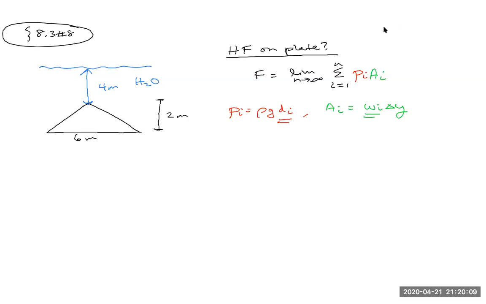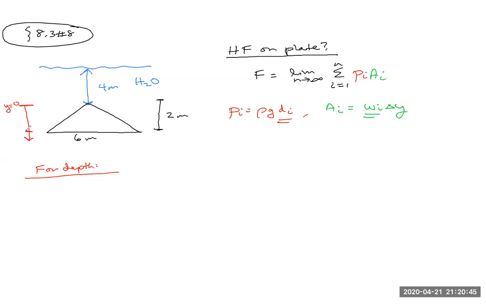Let's start with d_i. I'll just put depth. This is that thing where you really need to choose your coordinate system where you're going to put everything. I am going to put y equals 0 right where the top of the triangle is. Then I'm going to have my coordinate system going down in the positive direction.